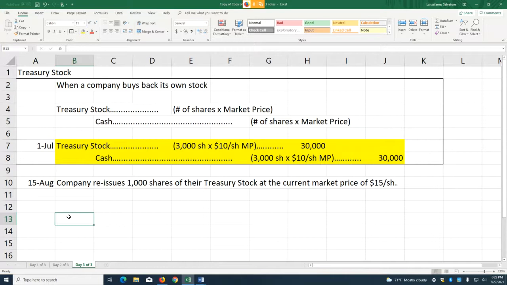We feel like it's safe to put it back in. But notice that the 15, which is what the stock is selling for on August 15th, is higher than the $10 when they removed it from the market. So there's going to be a paid in capital account, but we can't say paid in capital in excess of par because that $10 is not par. It's the pivot value.